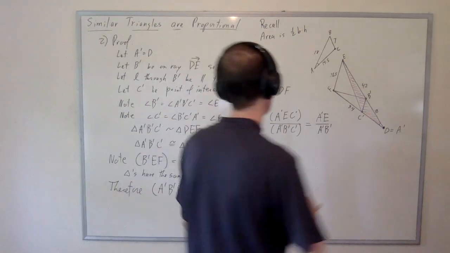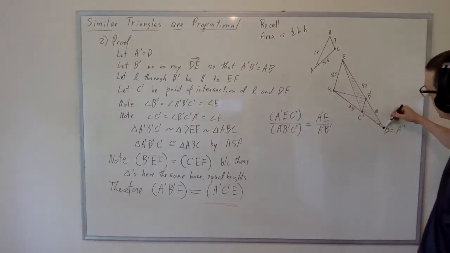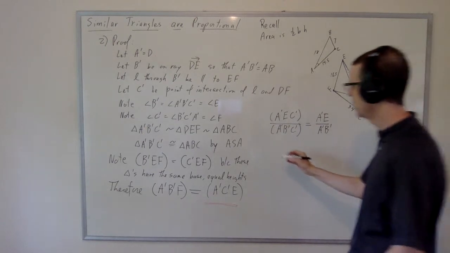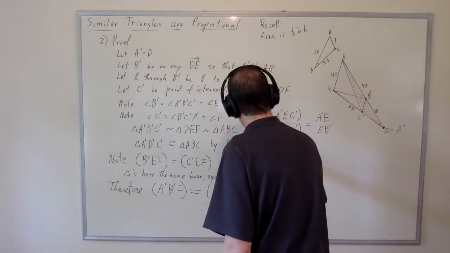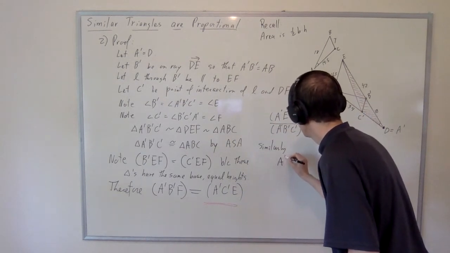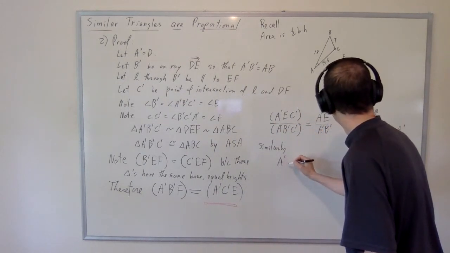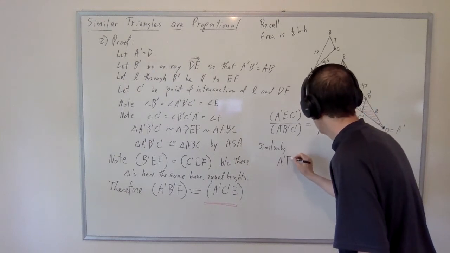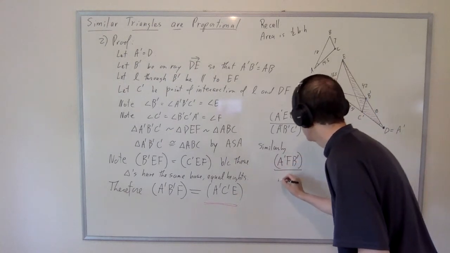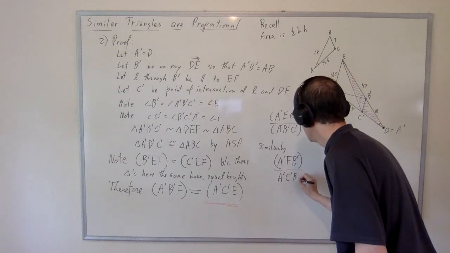That exact argument, I'm not going to reshade, can be carried out for this other long skinny triangle here, A prime B prime F. So similarly, what do we get here? The area of A prime F B prime, divided by the area of A prime C prime B prime.